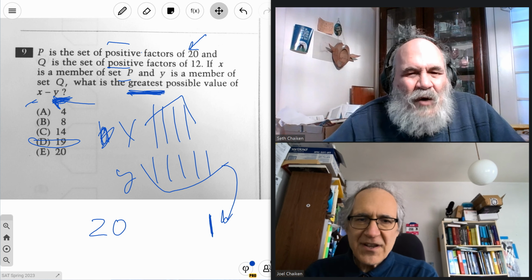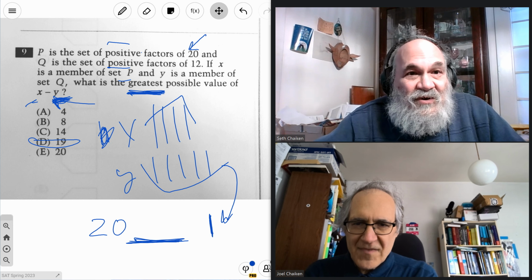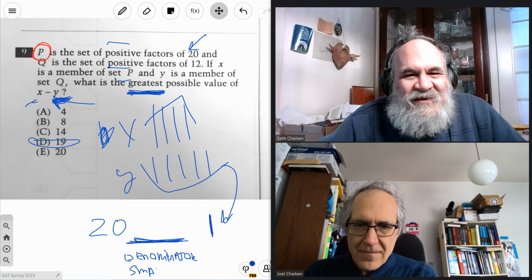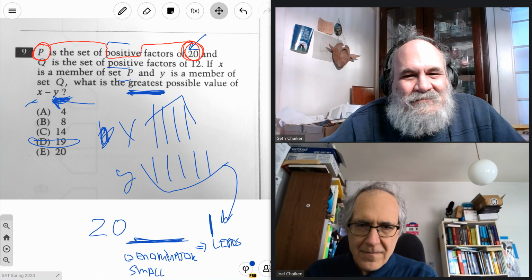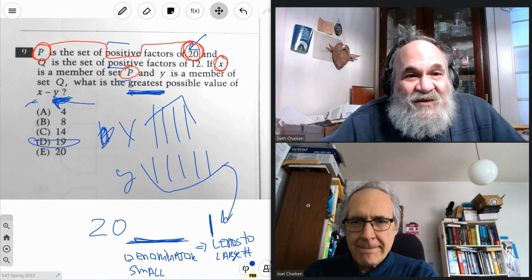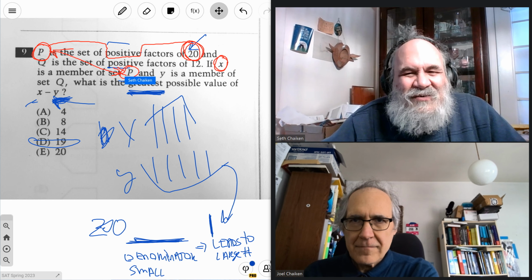Yeah. Similarly, another feature of this problem is it tests your ability to keep track of P and 20 and X. So P is what connects the possible values of X to the number 20.